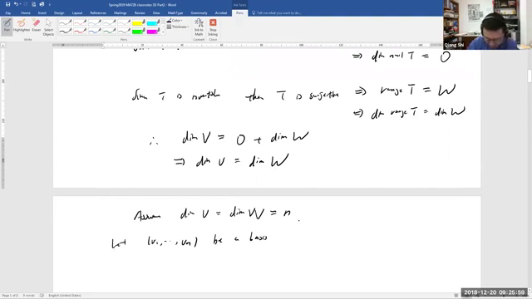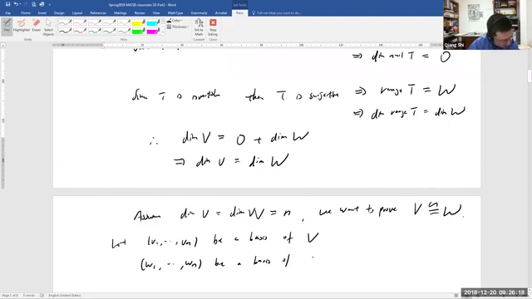In this case, we want to prove that V and W are isomorphic. So let V1 up to Vn be a basis of V, and W1 up to Wn a basis of W.